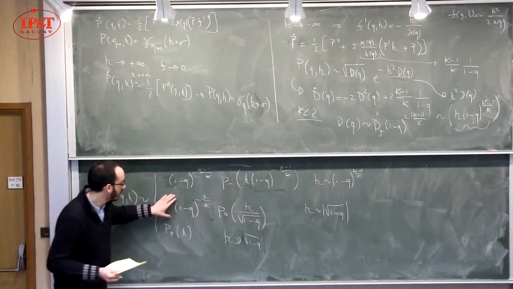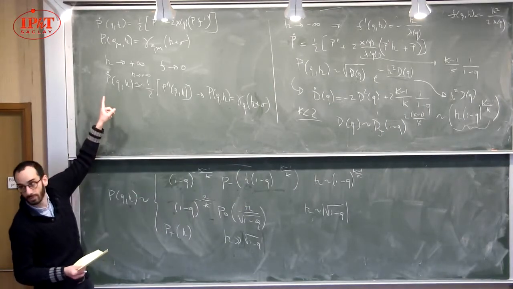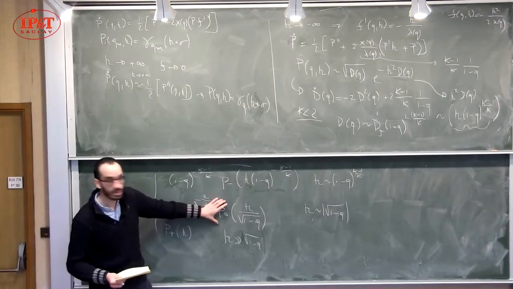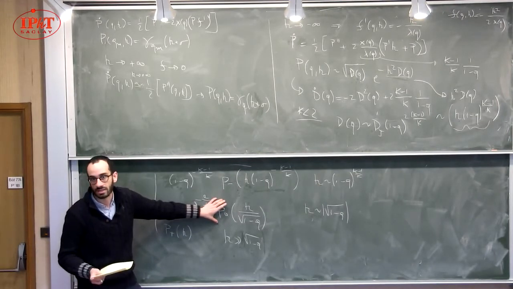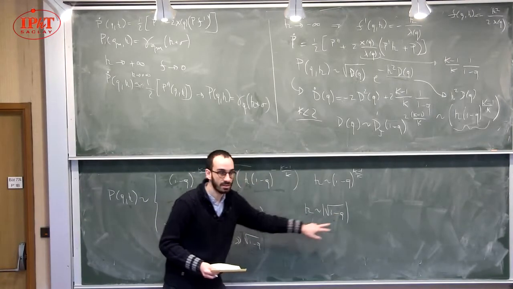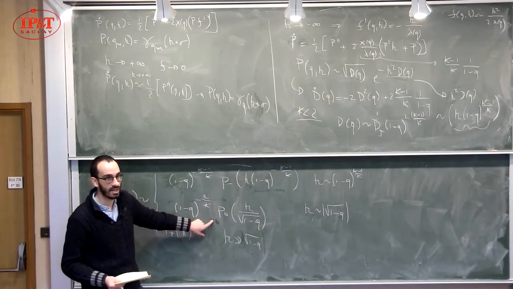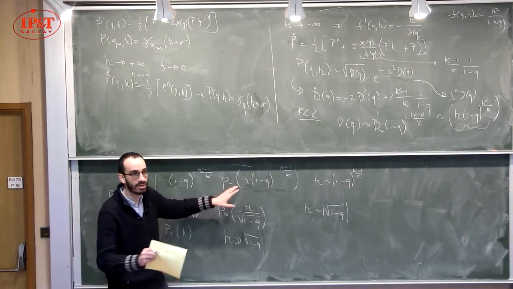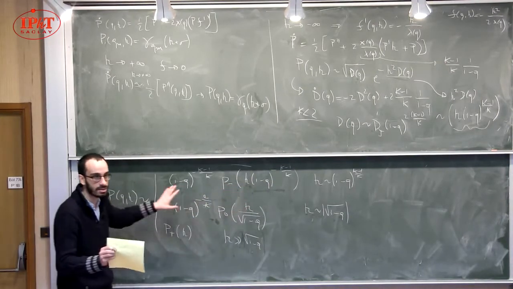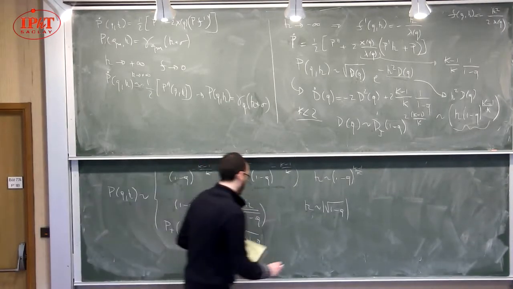But it turns out that when you take this form and plug it inside the equation for p, then you have a closed equation for p0. This is universal. When h is of this order, you have a scaling equation for p0. It doesn't depend on any boundary condition. And the scaling equation is the following.